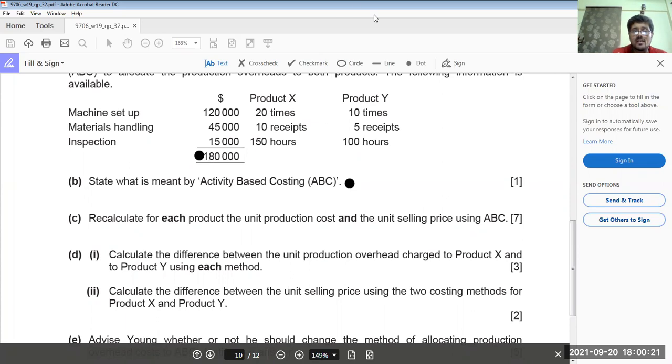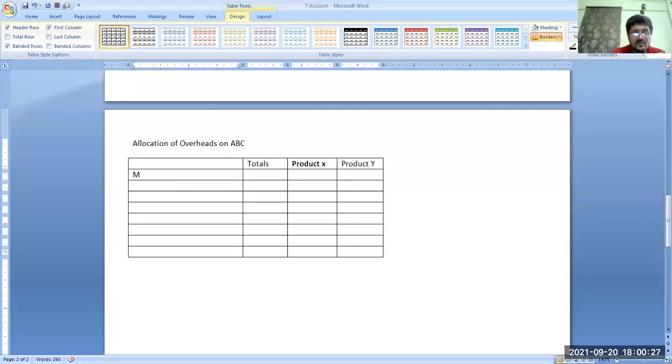So now see, machine setup was total $120,000.